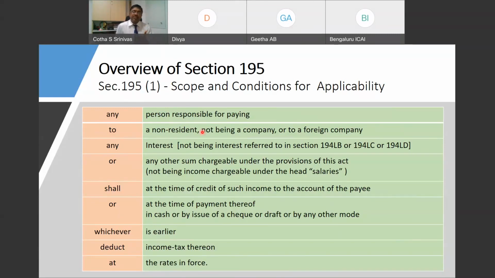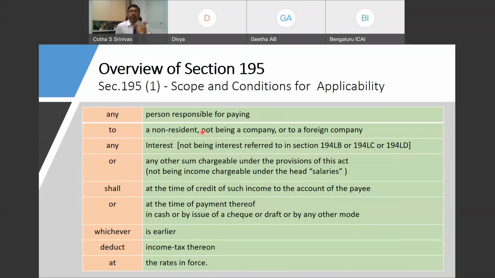Now, regarding non-resident, section 6 determines whether a person is a resident or non-resident based on certain parameters. But there is a definition of non-resident under section 2, subsection 30 of the Income Tax Act, which says non-resident is a person who is not a resident. So for resident, you will again go to section 6. Non-resident is a person who is not a resident as defined in section 6.